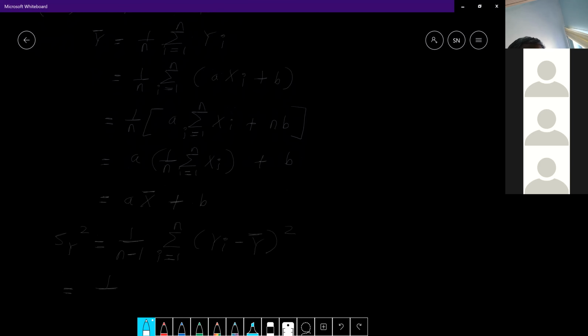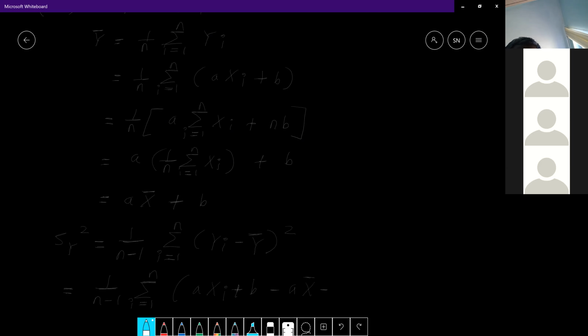So this will be 1 over n minus 1 times the sum of yi minus y bar squared. We know yi is axi plus b, and y bar we just showed in the previous part is a x bar plus b.